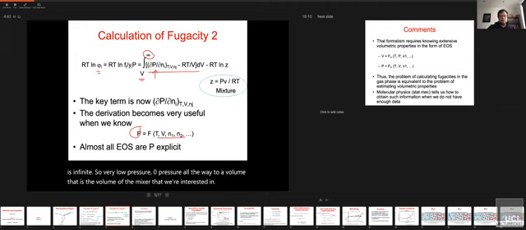So again, we need to have this equation that is going to need to be valid all the way from infinite molar volume of the mixture all the way down to the volume that we're interested in. And in this equation, what we see is that we are introducing this parameter Z, which is the compressibility factor of the mixture. I use a small v here to indicate that it is the volume of 1 mole of that mixture, right?